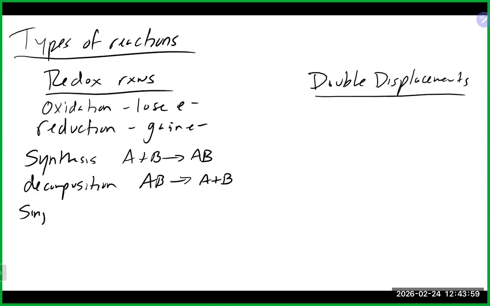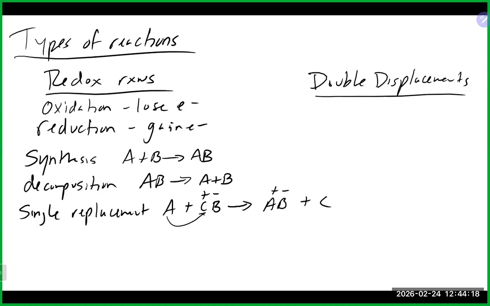Your single replacement reaction, 1 thing with no charge reacts with something that's ionic, comes in and kicks it out, and that will make a new ionic compound. And the guy that gets kicked out will come out with no charge. In order for that reaction to happen, whatever is coming in needs to be more reactive than what it's replacing. Otherwise, it will not happen, like an activity series. Maybe we did that in Chem 50.